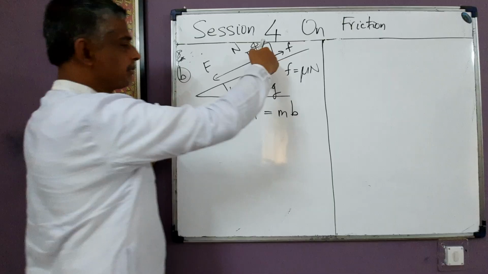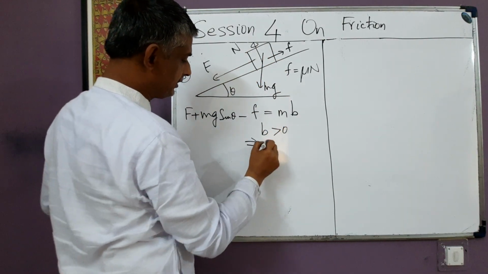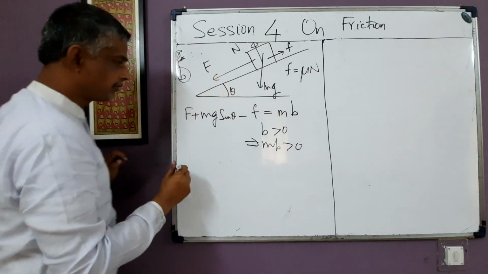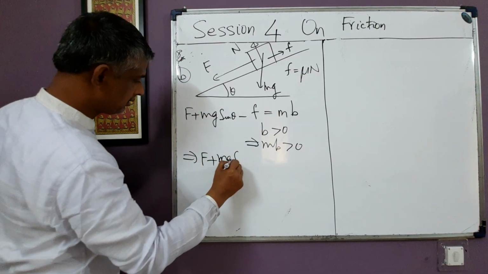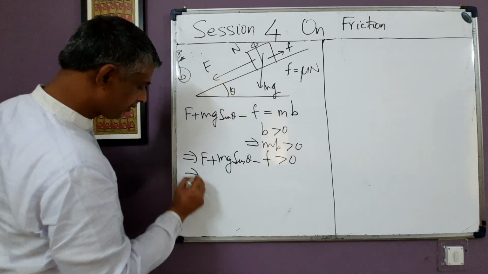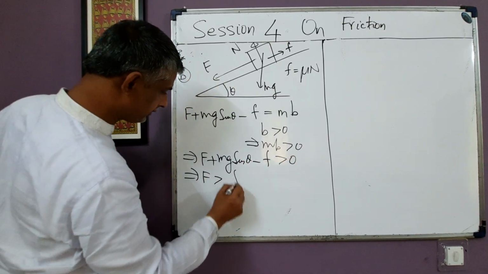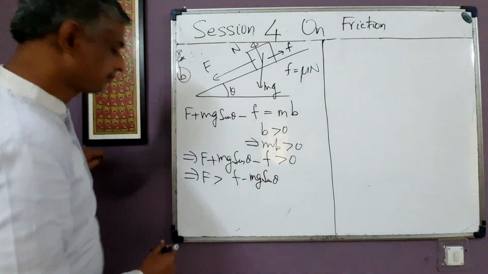Now since it is slipping with respect to incline down the incline, so b is positive. This means mb is positive. This means F plus mg sin theta minus f is positive. This means F is more than f minus mg sin theta.